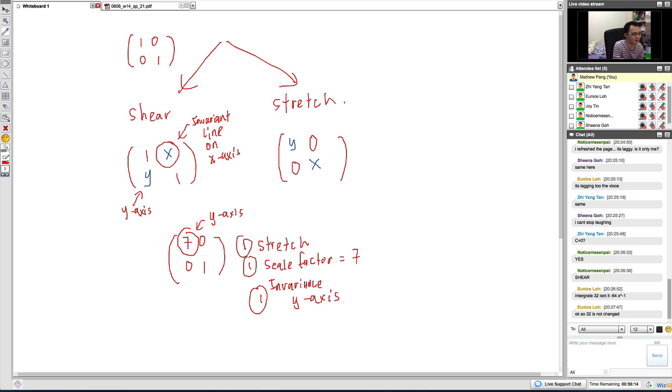For shear and stretch, with 1 0 0 1, they only change one position, and that position will tell you everything. If these two positions are stretched, on the top here is x-axis, and at the bottom here is y-axis. And actually Shina tells me something: remember x-axis and y-axis.